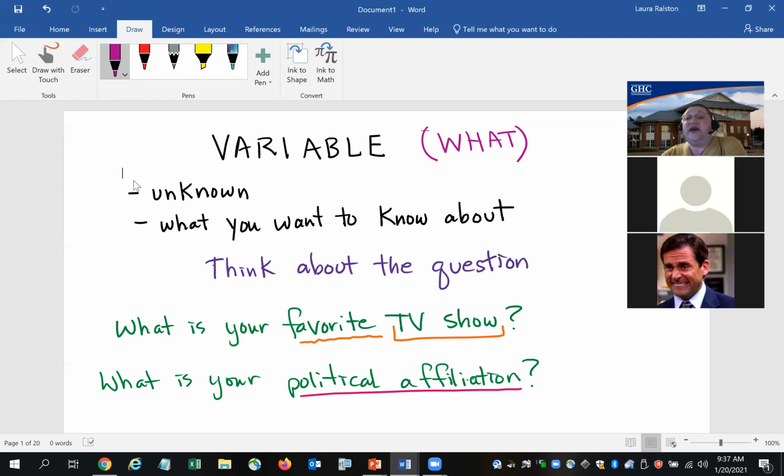Okay, the variable, it kind of depends. You have to almost look at the context. When you're talking about things like average or a percentage or proportion, that is likely your measurement. In this particular statement, what is your favorite TV show? That's not really the measurement. That's kind of the opinion of the person you're asking.